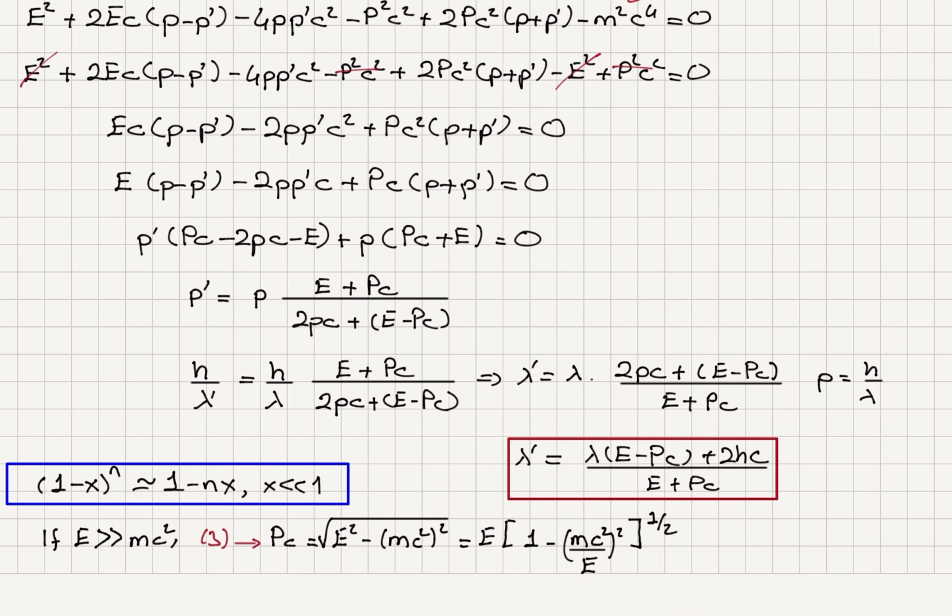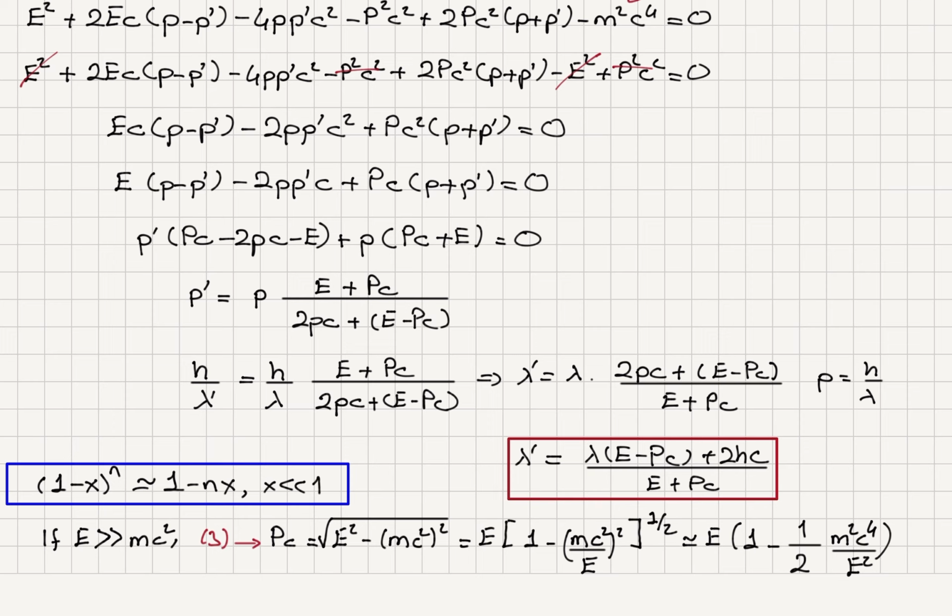So mc squared over E, squared, is a small number. So this can be approximated to be capital E times (1 minus 1 over 2 m squared c to the fourth power divided by capital E squared). And you can see that this is equal to capital E minus 1 over 2 m squared c to the fourth power divided by E.